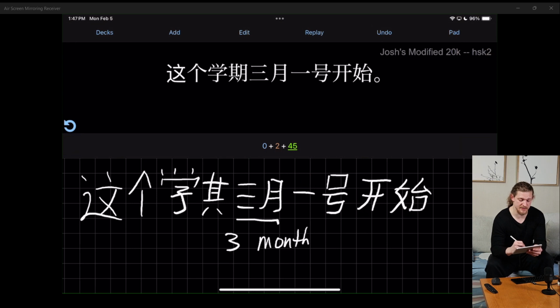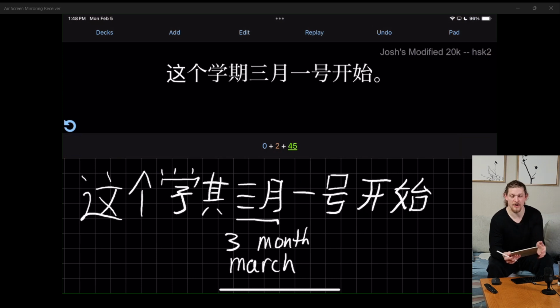So this is actually Chinese for March. And that is what you call March in Chinese. You call it 3月. So 1月, January, 2月 is February, 3月, March, 4月, April, and so on, right? All the way up to 12.